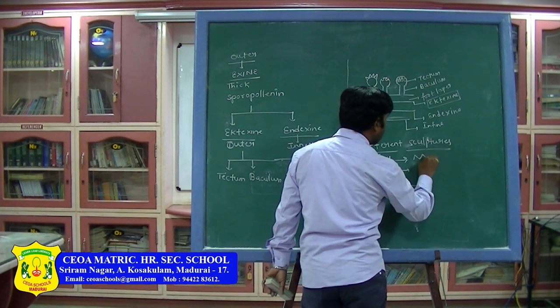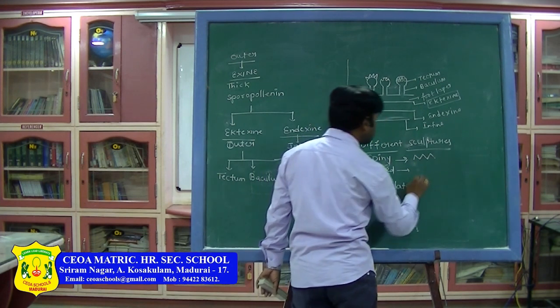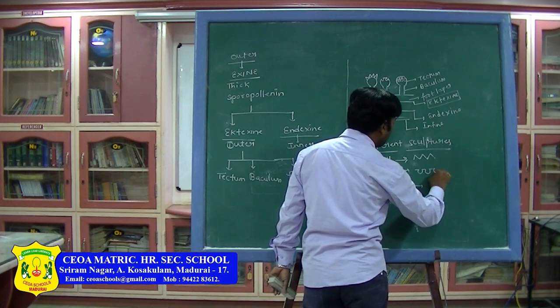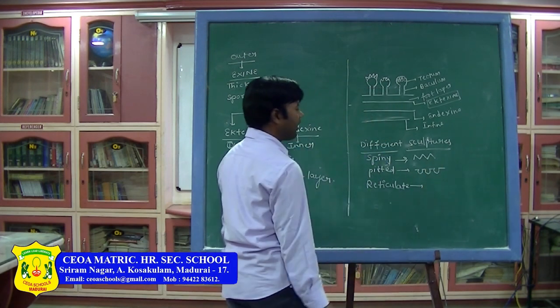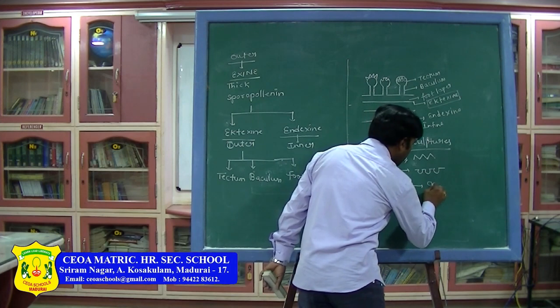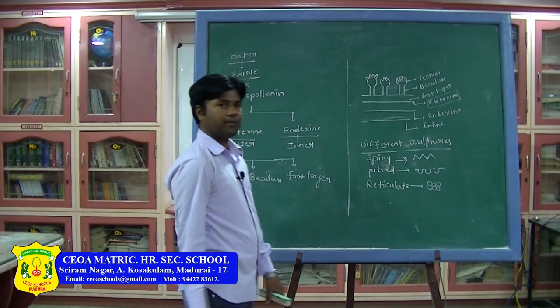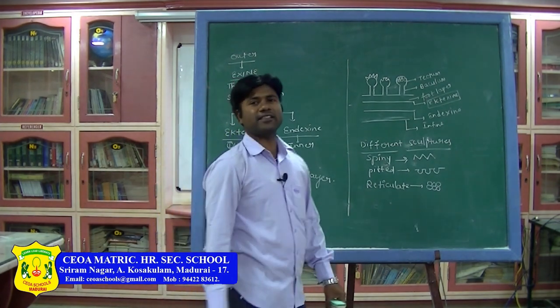Spiny, how is it present? Spiny means in this manner. Pitted, how is it present? In this manner. Reticulate is present in this manner. So, what is the use of these sculptures?